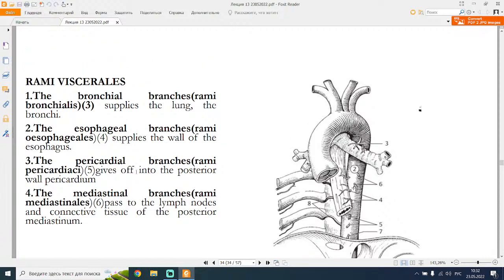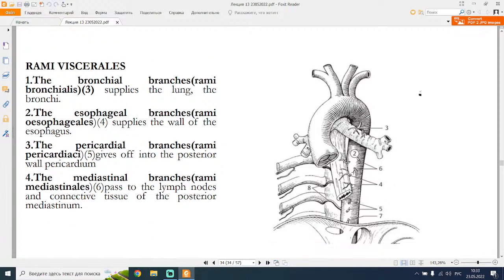Rami visceralis of the thoracic aorta. This is rami bronchialis. Rami bronchialis supplies the lung, the bronchi. Next, rami esophagei supply the wall of the esophagus.